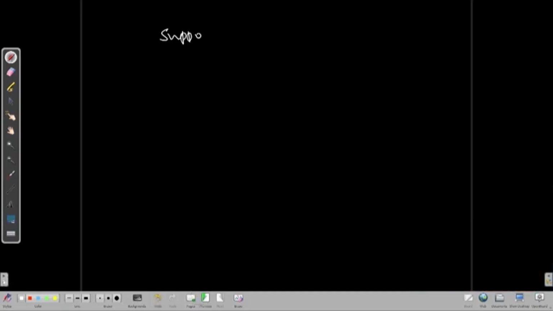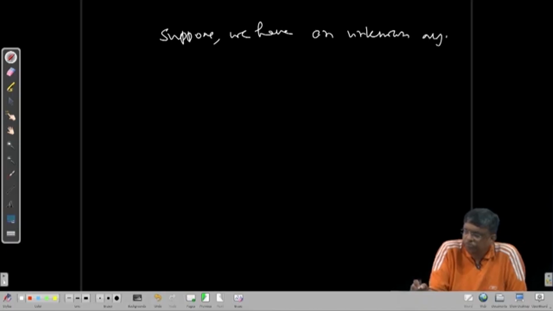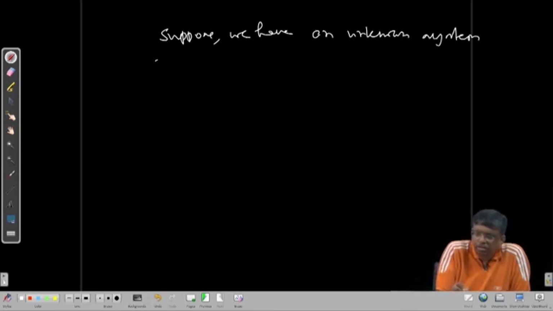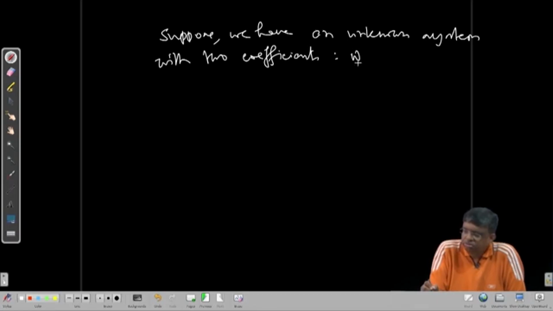Suppose we have an unknown system with two coefficients, just an impulse response having two coefficients, say an FIR filter, maybe W0 cap, W1 cap, all right.